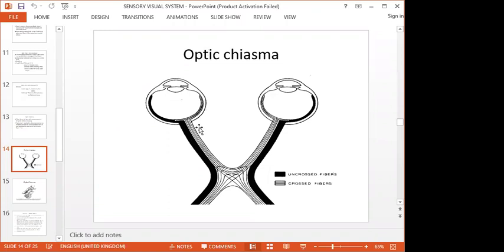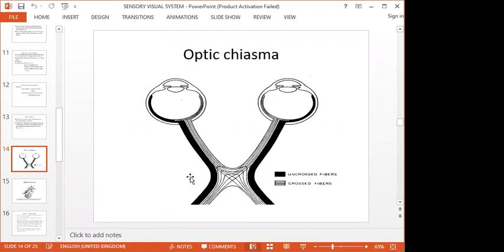Equally, if the nasal fibers here are affected, the visual field defect will be in that direction, but this side will be intact. That's how we come to locate the site of the lesion. From the visual field the patient has got, you can actually postulate and say, no, these visual fields match up with a lesion at this level.